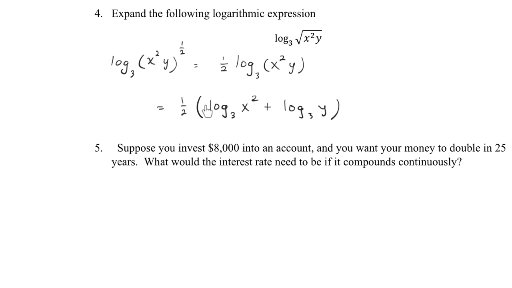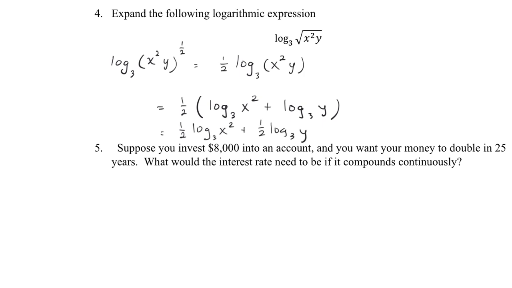Now be sure to distribute the 1/2. So I'm going to go ahead and distribute this 1/2. So this is 1/2 log base 3 of x squared plus 1/2 log base 3 of y.